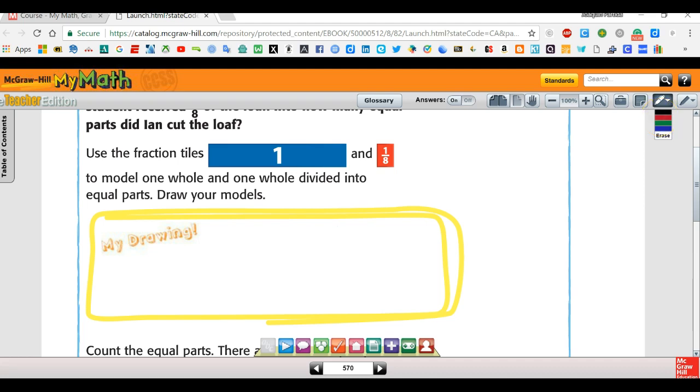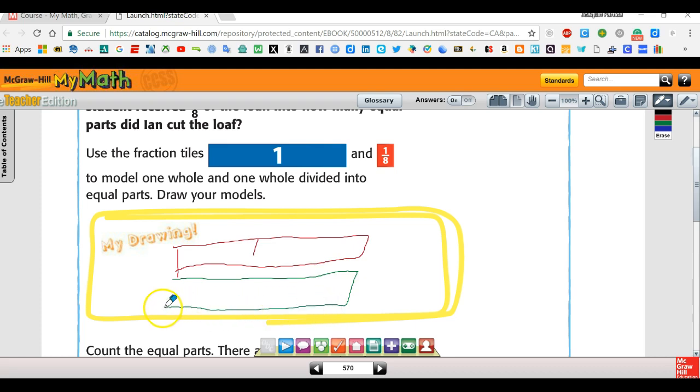So they need for you to draw one rectangle that will represent one whole. Then they want you to make another rectangle the same size though, and divide it into 1/8. So that's 1, 2, 3, 4, 5, 6, 7, roughly.